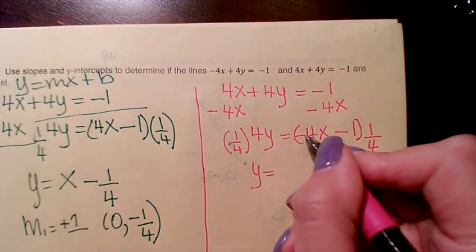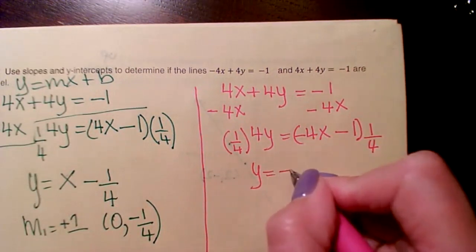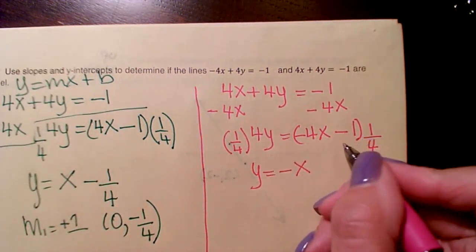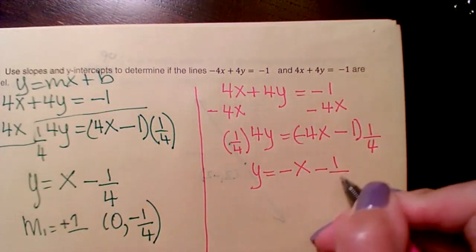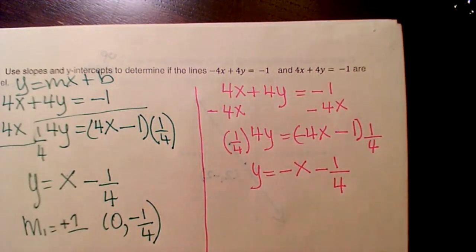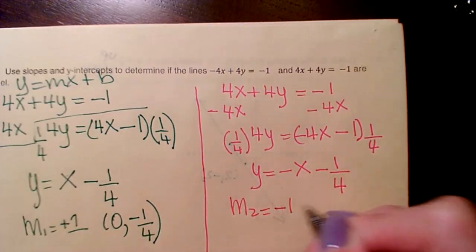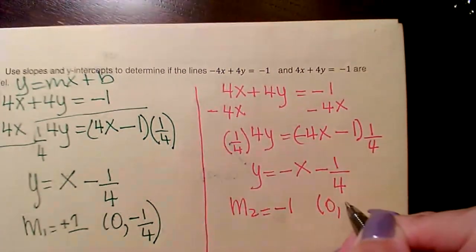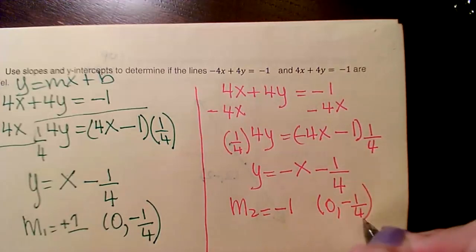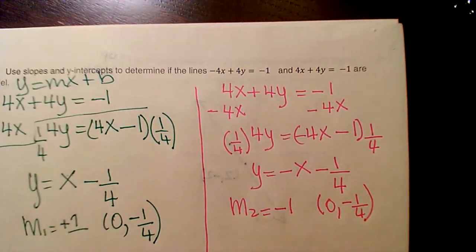So it's going to be negative 4 over 4, which is negative x, and this one is going to be negative 1 over 4. So my slope here is going to be negative 1, and my y-intercept is going to be 0, negative 1 over 4.